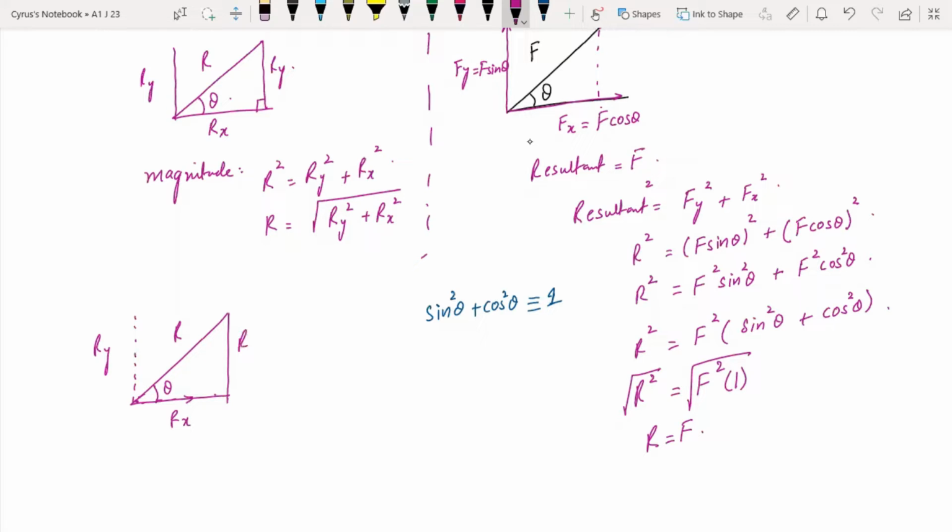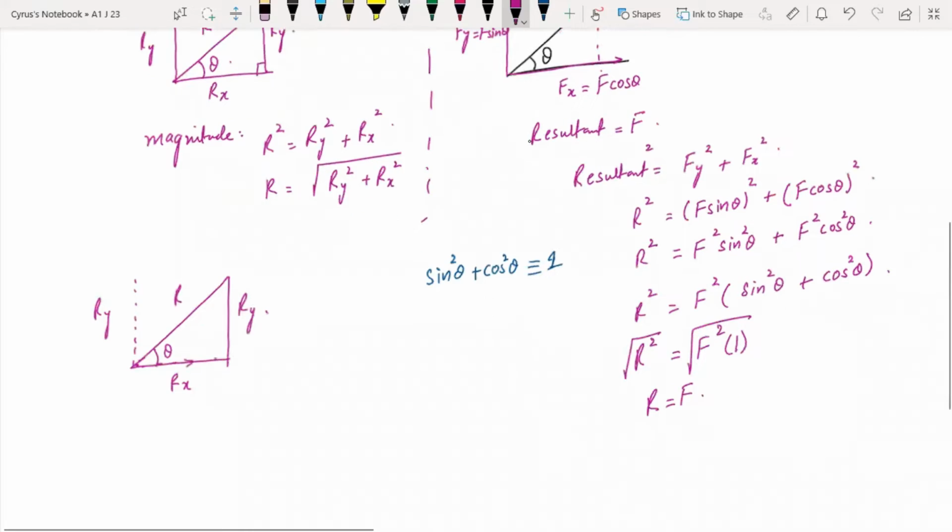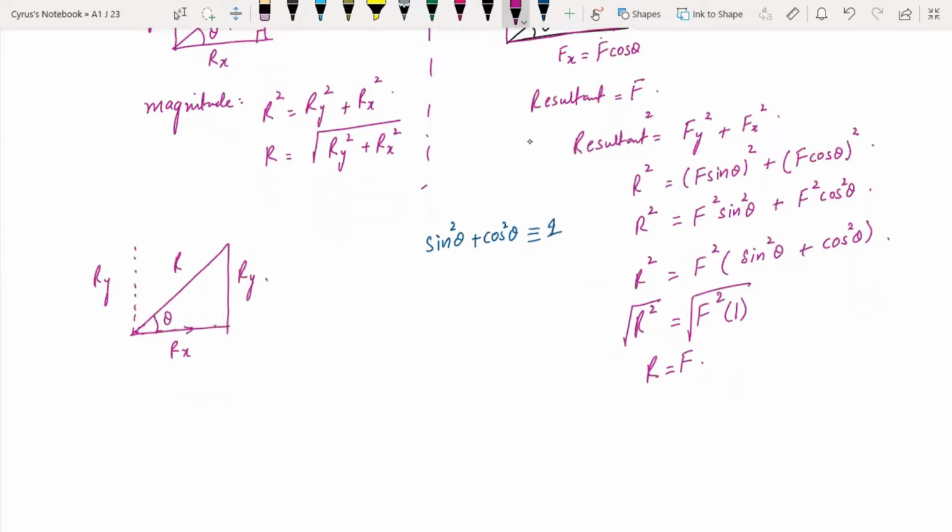If for example you do not know r, you can find tangent theta is equal to ry over rx, and theta will become tangent inverse ry over rx. This is what you're going to do.